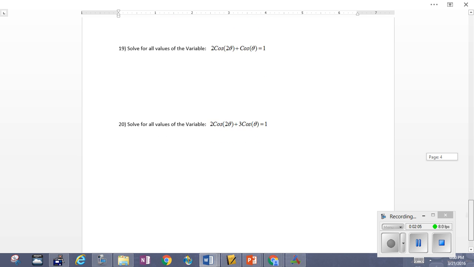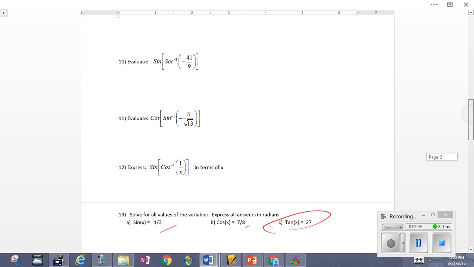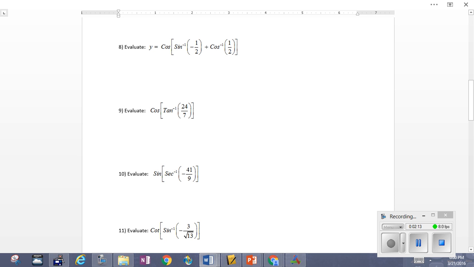Now, probably some of the more interesting problems are going to be here. These couple are going to refer to right triangles, whereas basically the answer to an inverse trig question is an angle.